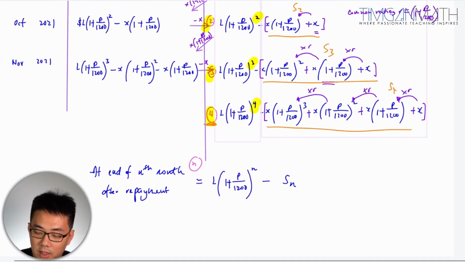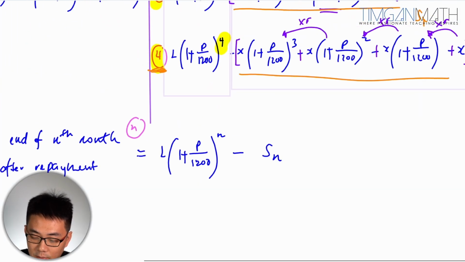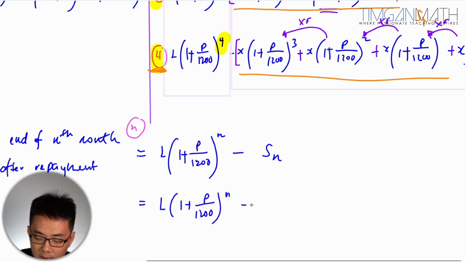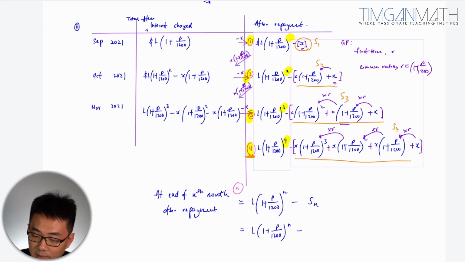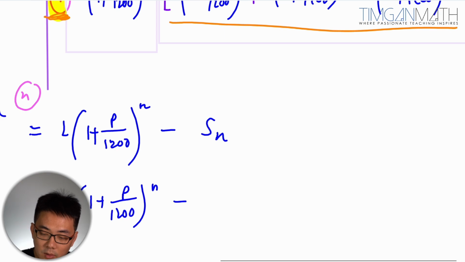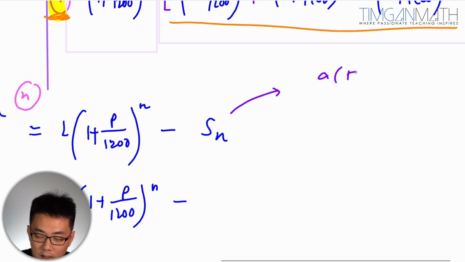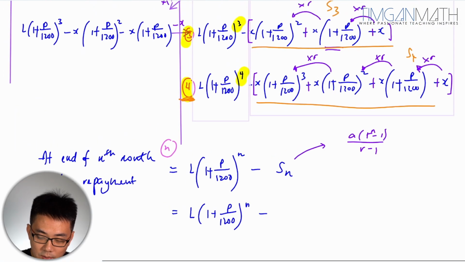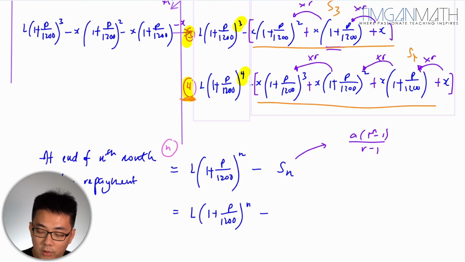And this over here, Sn, we just use our favorite GP formula, where r is 1 plus p over 1200, and my a, the first term, is x. The GP formula is a times (r to the power of n minus 1) over (r minus 1).